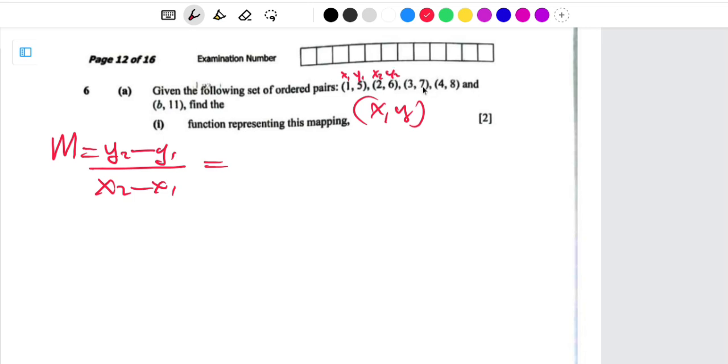Or you can choose these ones here which are remaining. Still you are going to get the same answer. So y2 is 6, y1 is 5, x2 is 2, x1 is 1. 1 divided by 1, because 6 minus 5, that is 1, 2 minus 1, that is 1. As a result, the answer is going to be 1.